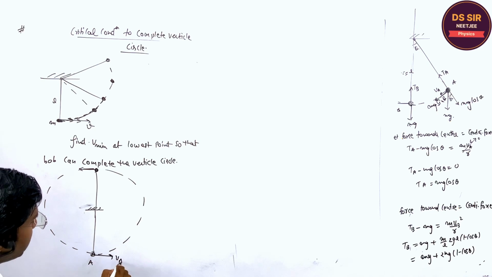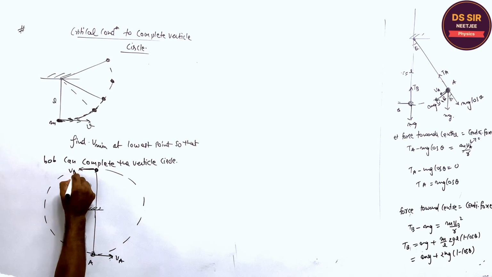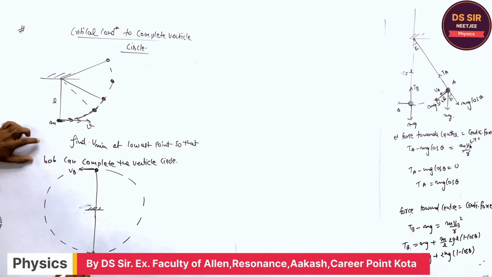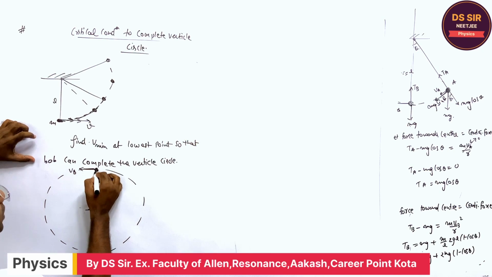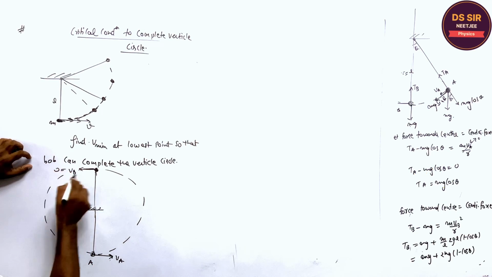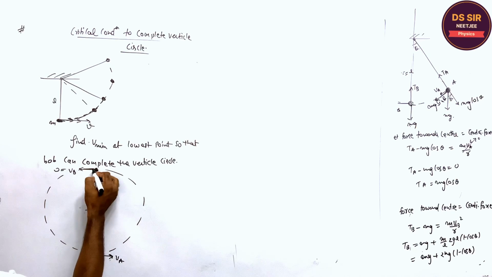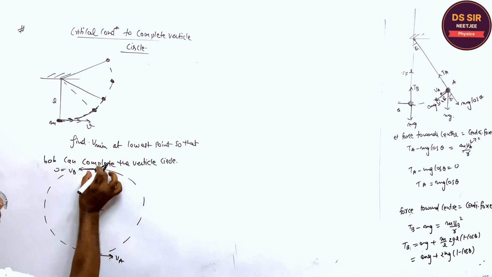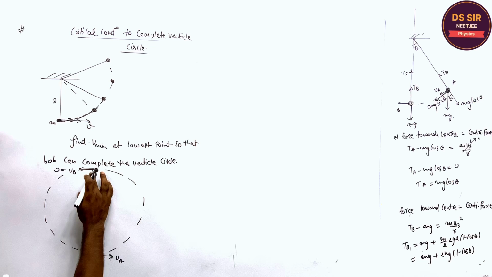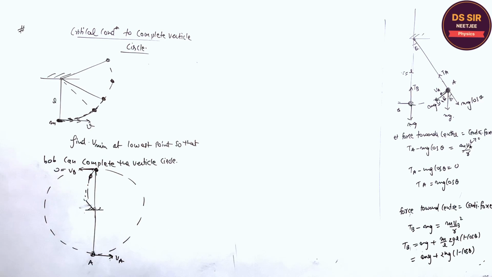If this is the VA, this is the VB, any one of you? Okay, listen one thing. If you give so much velocity that it just reaches the highest point, and velocity becomes 0, then what will happen? The velocity becomes 0, it means it becomes rest, so it will come down like this. Are you getting or not? The string will be slack and the particle will come down. It will not be able to complete the circle.